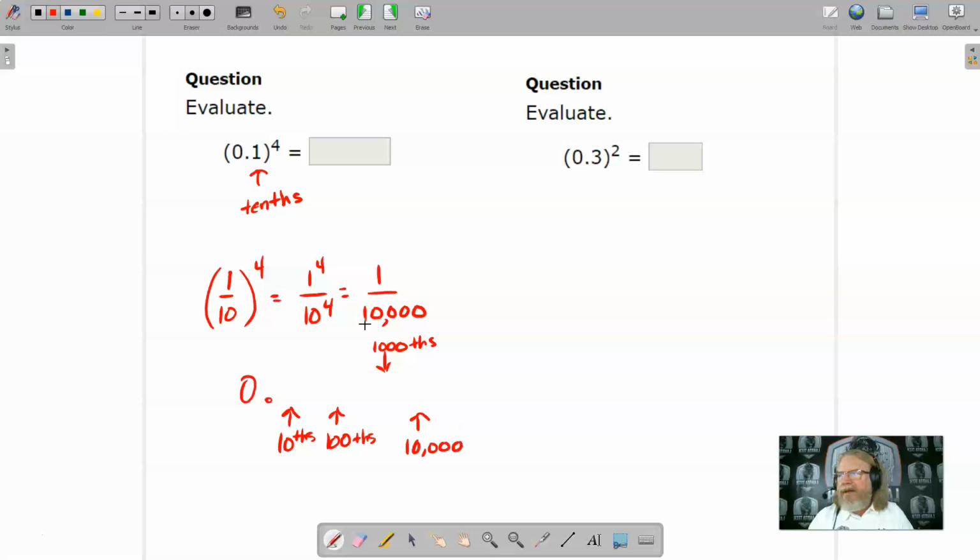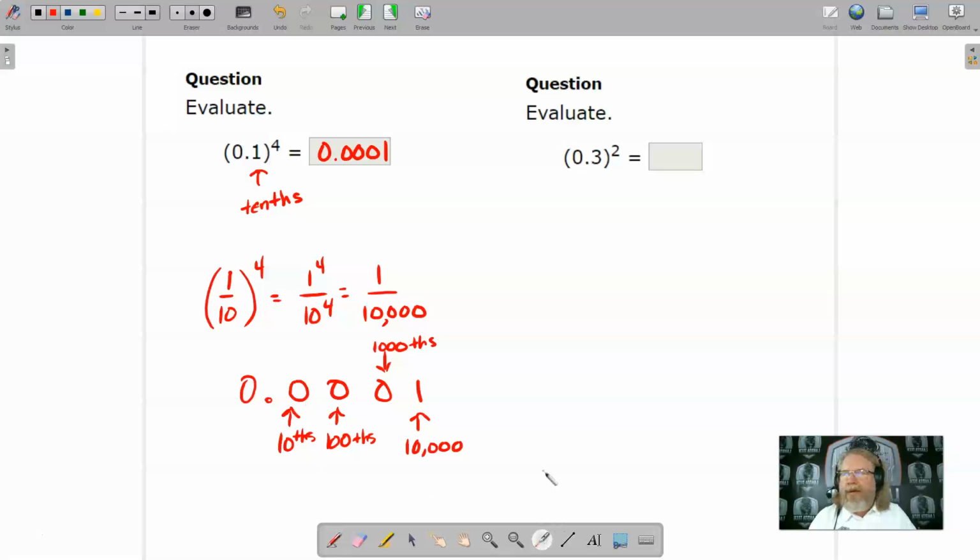And we're finally to the point that we have 1/10,000th. So we put a 1 there, put placeholding zeros in here. So we would see that our answer is 0.0001. So I'm going to go ahead and write that in there, 0.0001.